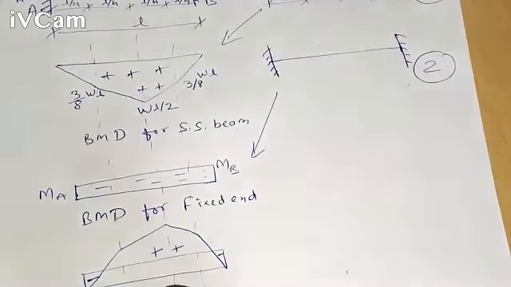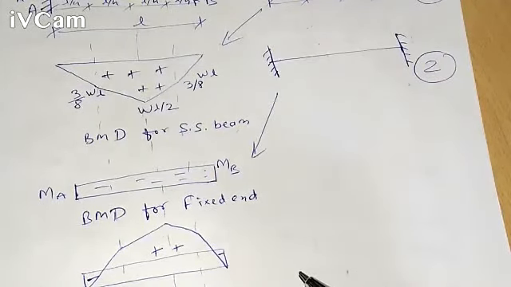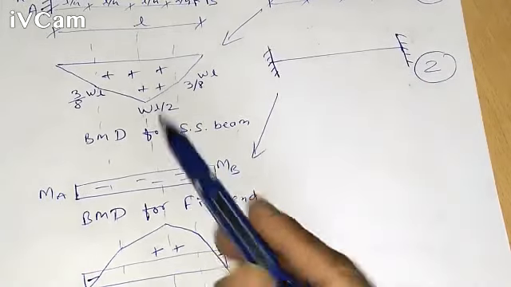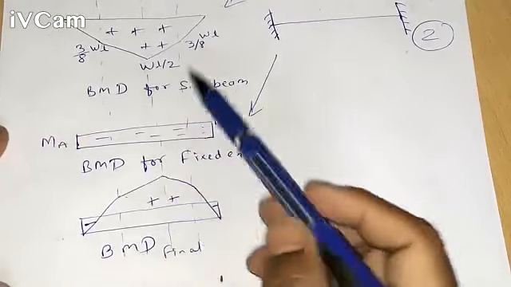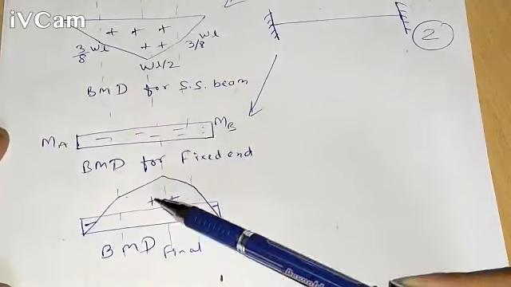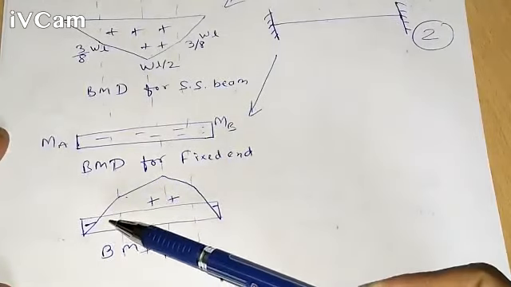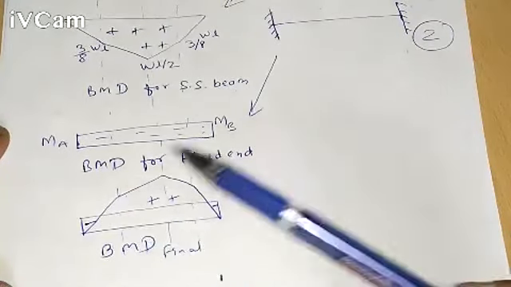This is the final bending moment diagram. These two diagrams are merged in this final bending moment diagram, so we get this one as plus and this one as minus. We have to indicate where is the plus and where is the minus. This is how we will get the final bending moment diagram.